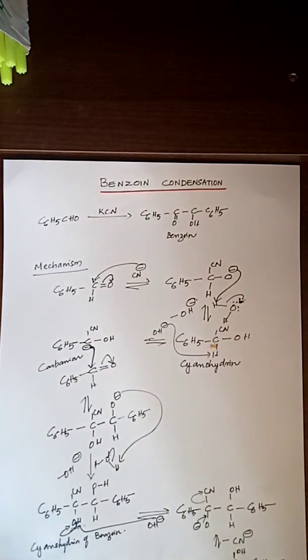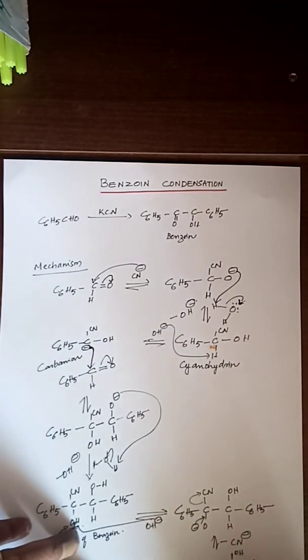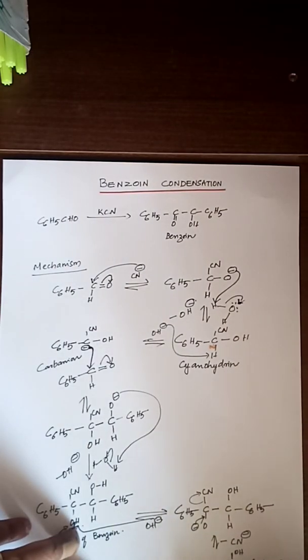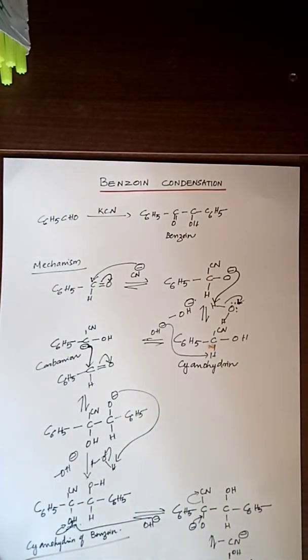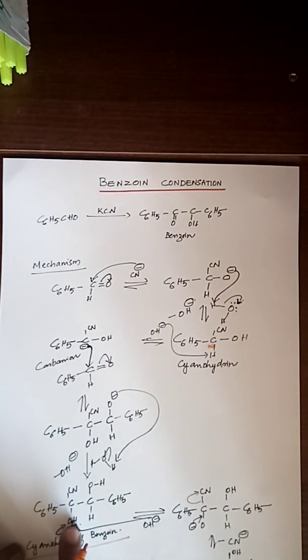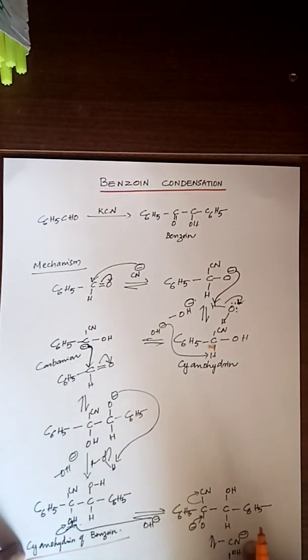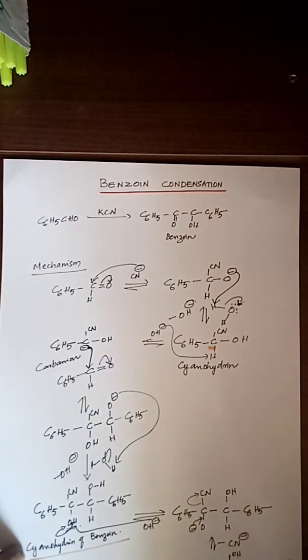This is benzoin. So we end up with the product benzoin. The cyanohydrin of benzoin loses CN minus, or we can say it forms HCN, so H plus is removed from here and CN minus leaves, forming HCN. So by the elimination of one HCN molecule, it forms benzoin.